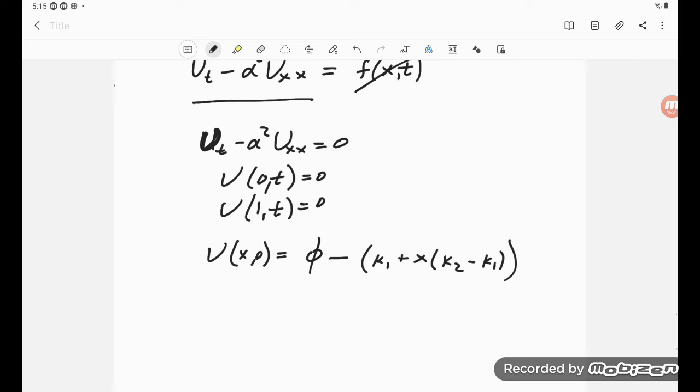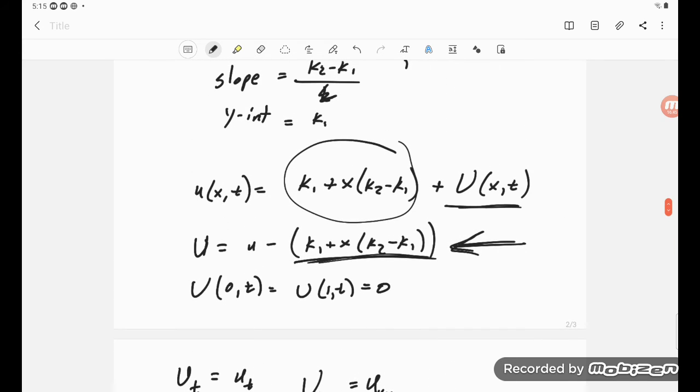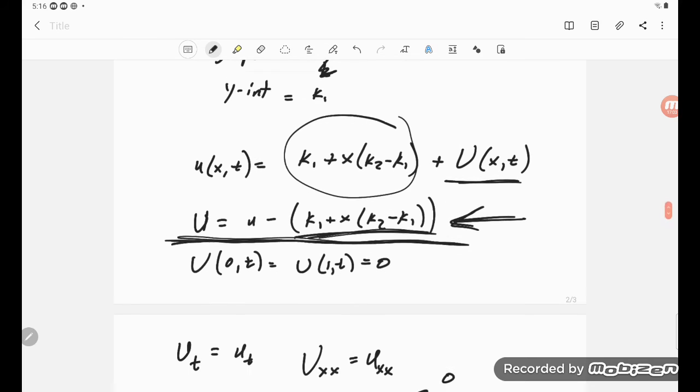And so that is our transform problem. So what happens is simply we get a new initial condition like this. And again, remember, where did that come from? Just right here. Just this stuff here, because big uppercase U is lowercase u minus this function, the linear function.